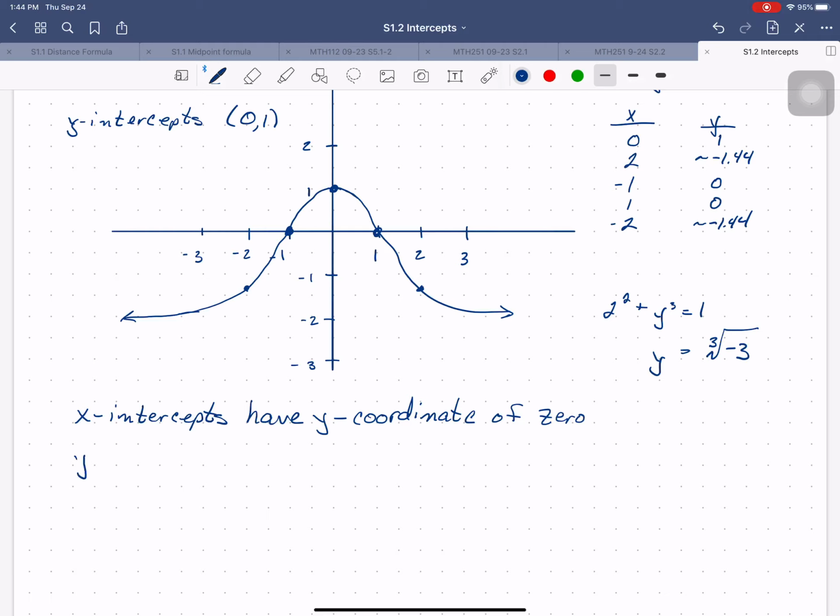Y-intercepts have an x-coordinate of 0. So to find x-intercepts, you set y equal to 0 and solve for x. To find y-intercepts, you set x equal to 0 and solve for y.